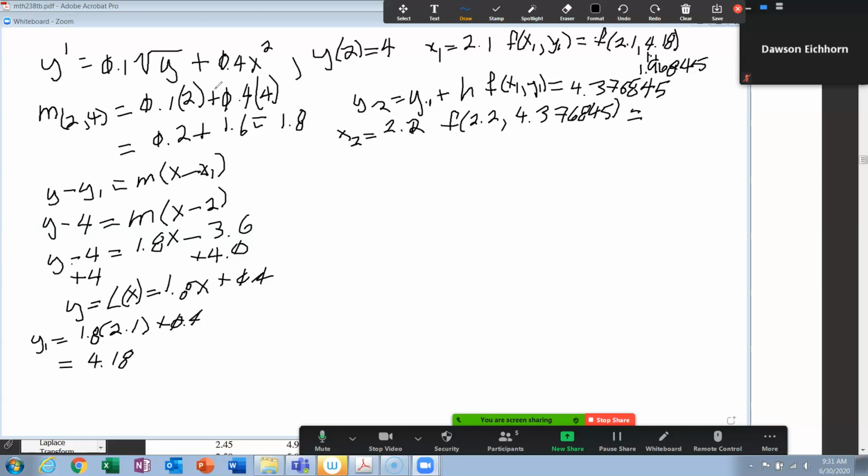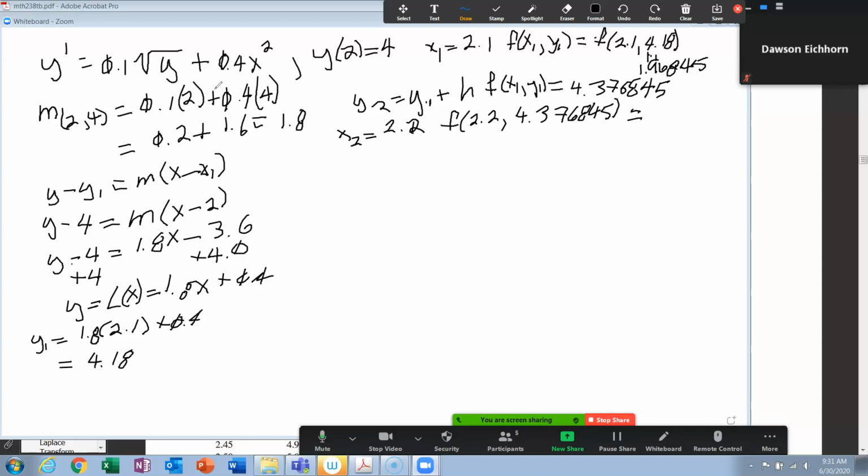First let me look in the book and make sure they're progressing the same way I am. Their y2 was 4.3768. Right.